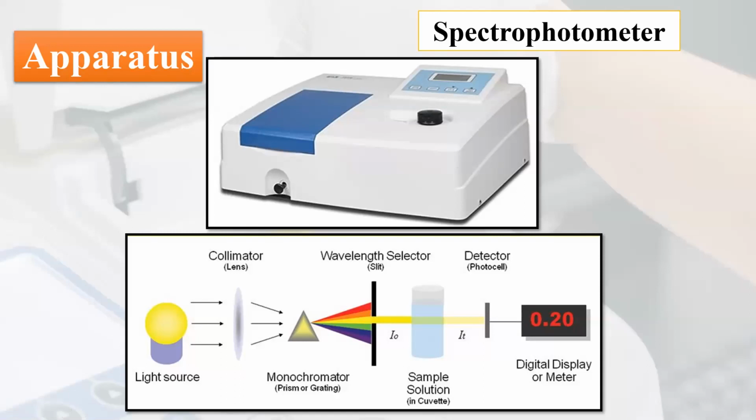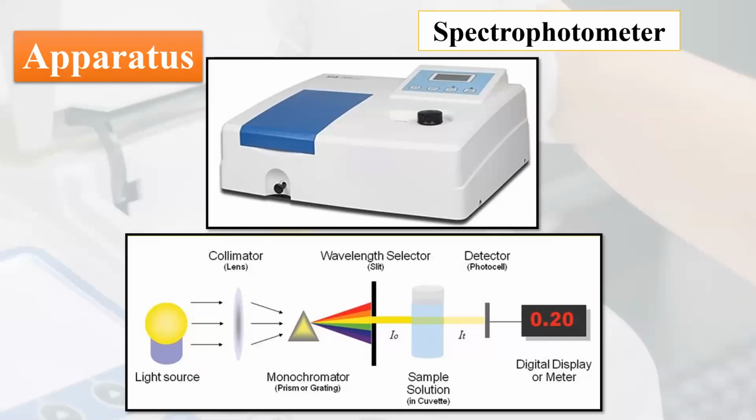With the help of this spectrophotometer, we are going to calculate the absorption or OD, optical density. Either one we can calculate. So we can calculate the optical density of a given solution.